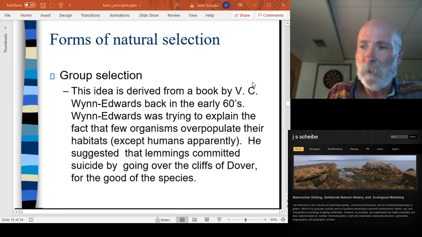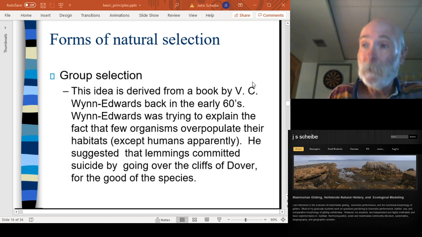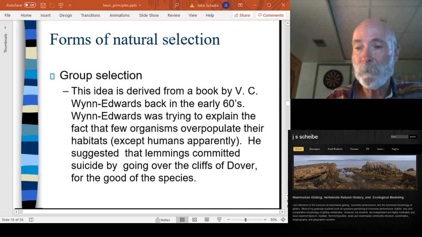So if we think of lemmings as having two different alleles for this particular behavior, a selfish allele and an altruistic allele, where the altruistic allele causes you to commit suicide, clearly the altruistic allele is going to be selected against, and the selfish allele is going to be preserved and persist in the population.